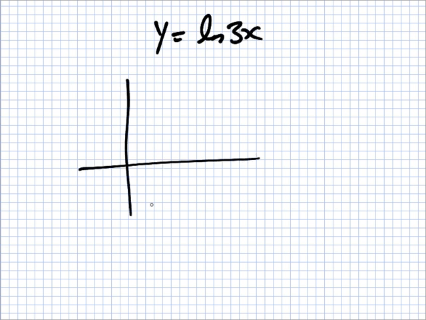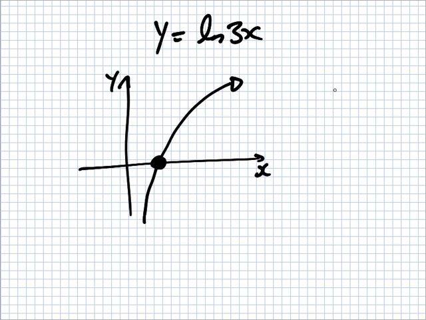So, can you say why it's 1 by 3? The question is y equals natural log 3x. Because it's positive, we know the graph will look like this. So you're happy with that, yeah? The real question is, where is this?